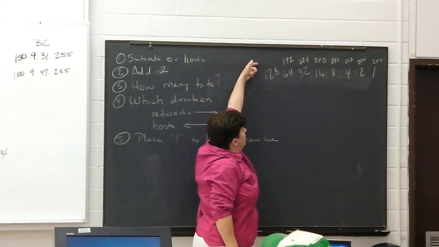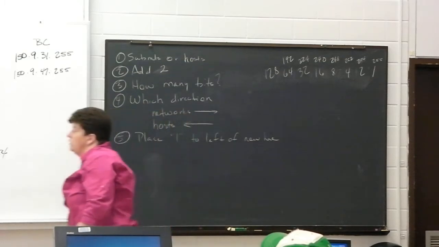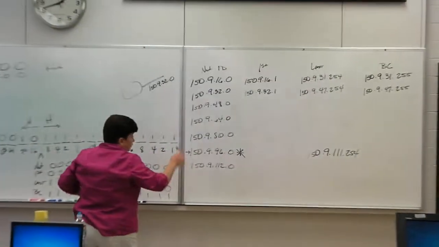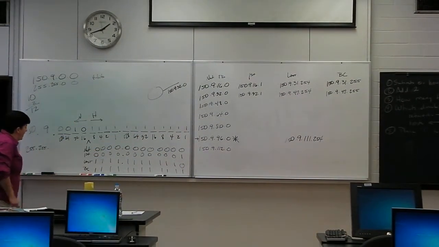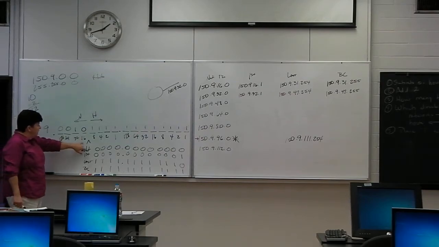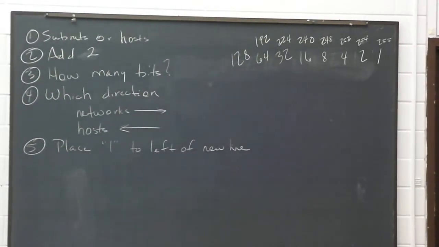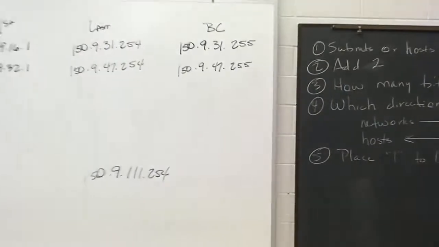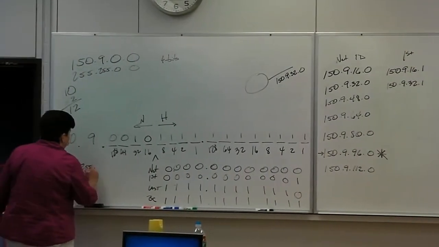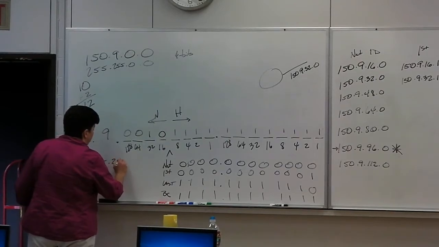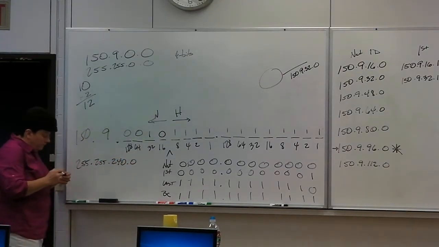This line on top, you can now use that. That's the shortcut to, instead of having to think about, oh, I got to add these all up. If I tell you it's 4 bits, go over 4 bits, and what's the number above it? Yeah. So your new subnet mask is 255.255.240.